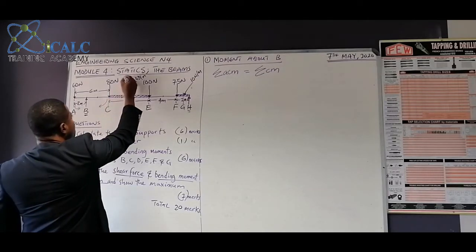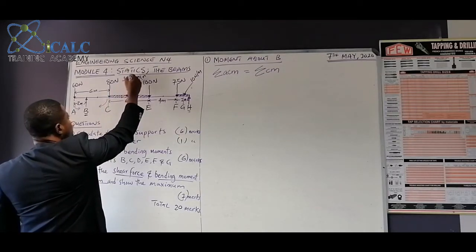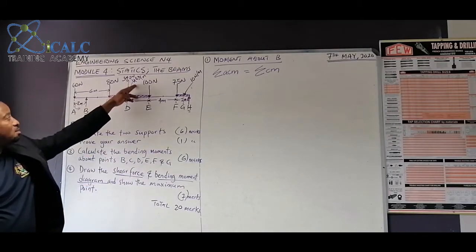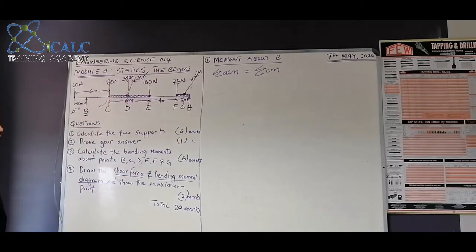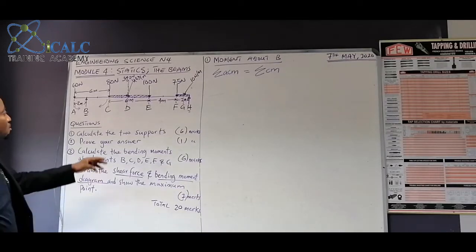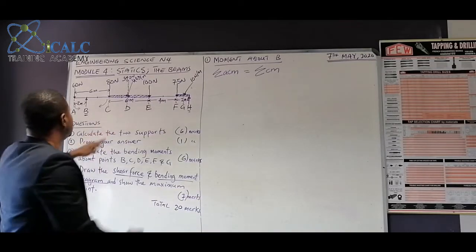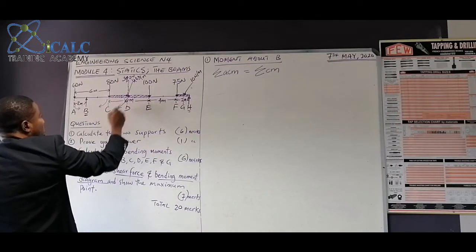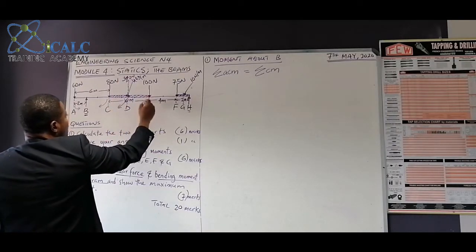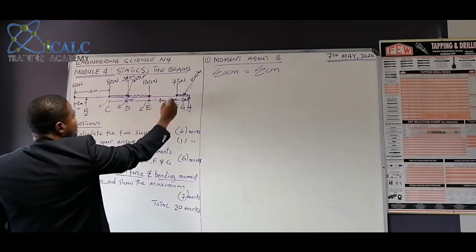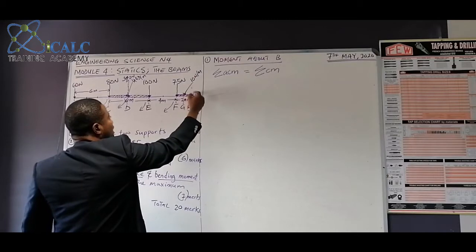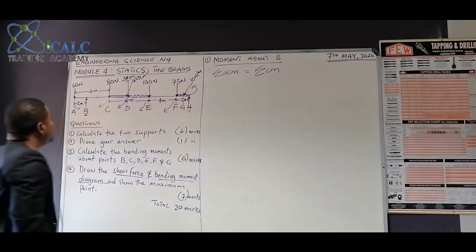So this will be 39.2 Newton. We have to convert the mass to weight. Then our 39.2 will also be clockwise. Our 100 Newton will also be clockwise. Our 75 will also be clockwise. And our H, support H, will be anti-clockwise.